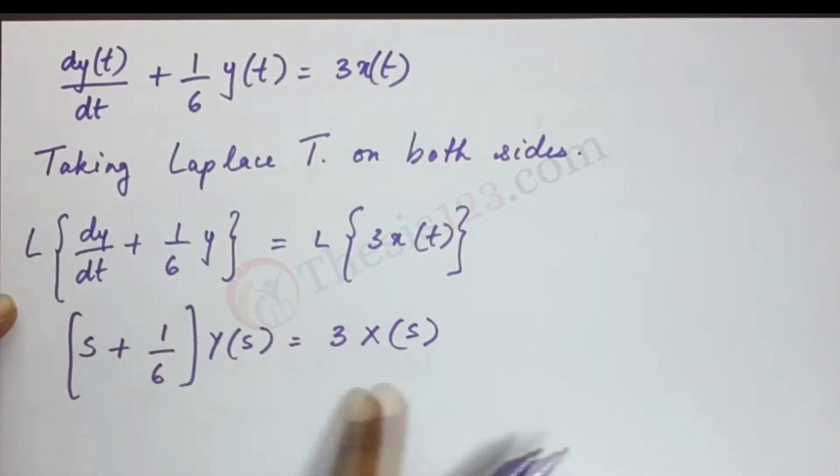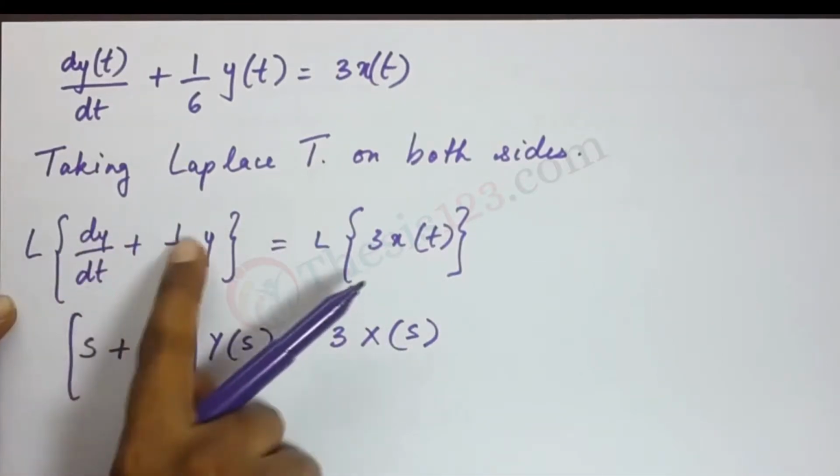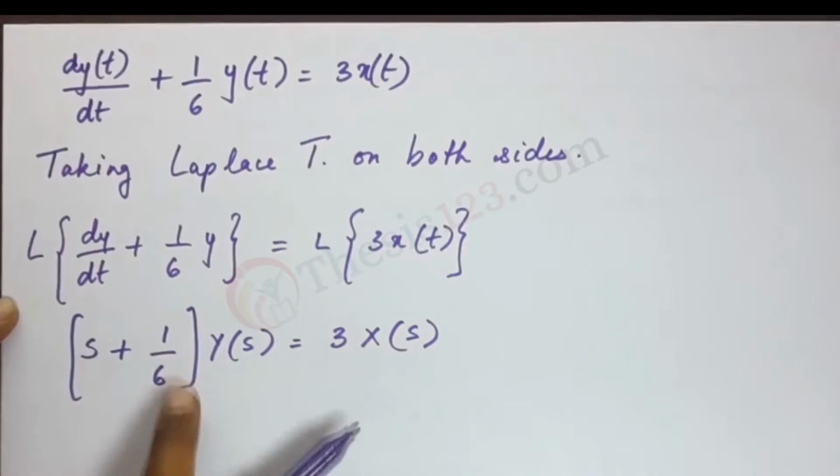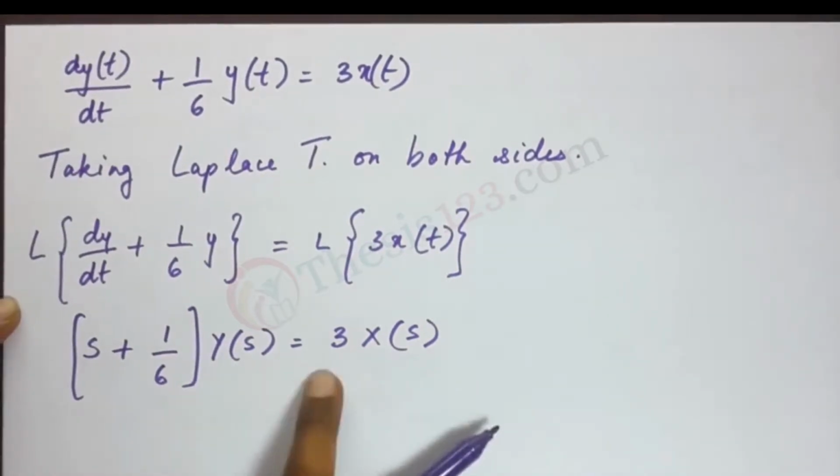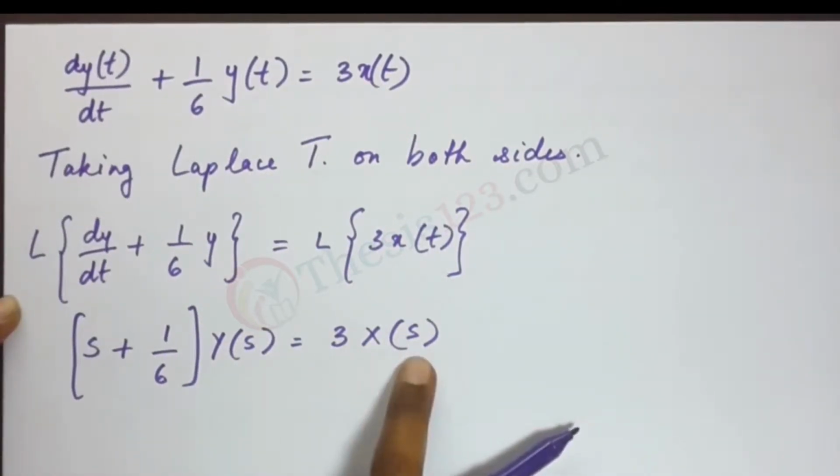So the Laplace transform of dy/dt + (1/6)y is (s + 1/6) Y(s) = 3X(s).